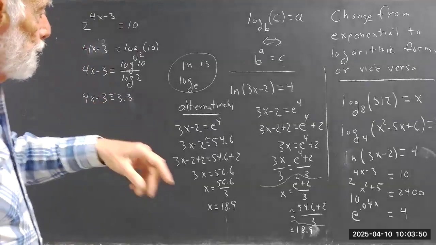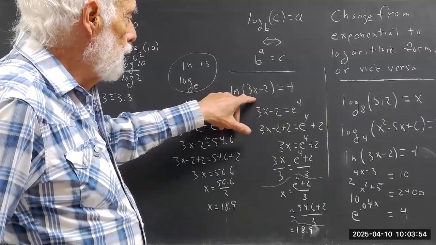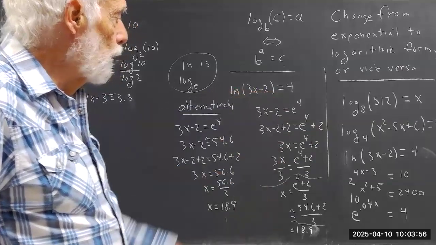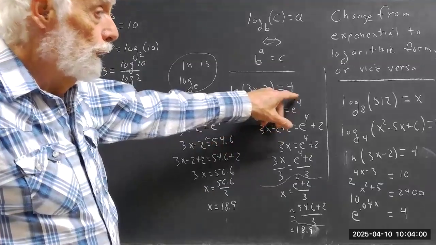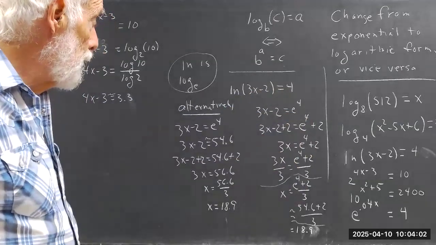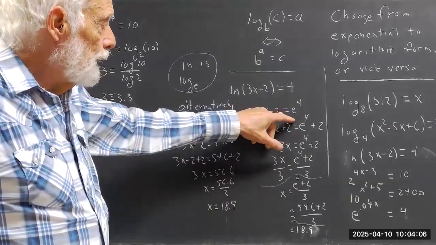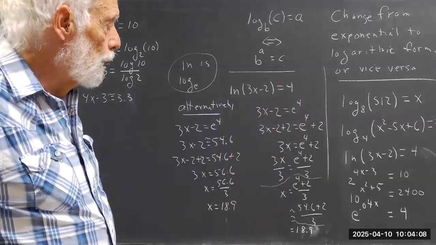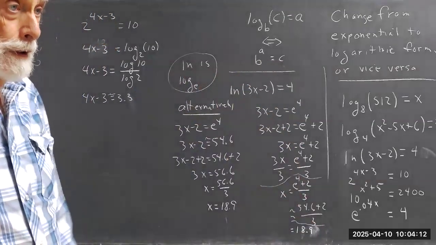So let's just be sure that on this first problem, natural log of 3x - 2 equals 4. That translates to 3x - 2 equals e to the 4th. Now, there are 2 ways to solve it. We can keep e to the 4th as e to the 4th all the way through until we actually use the calculator.